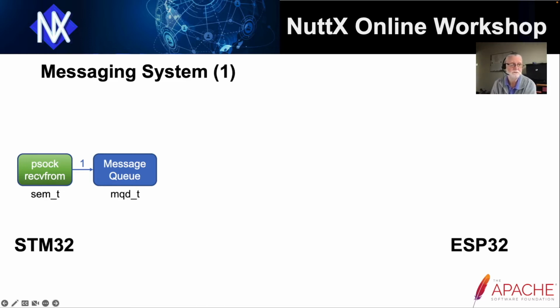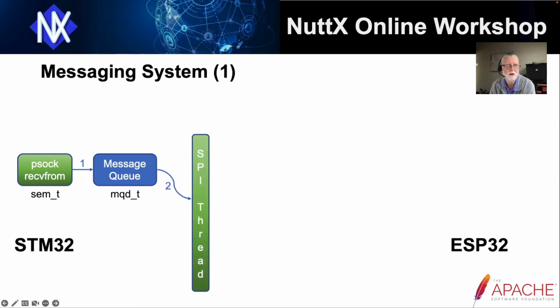So the next step, we need to get that over to the ESP32. Within NuttX, we have a thread that is running, and its sole responsibility is to monitor the message queue. And when a request comes through from the message queue, the thread picks this up and it then starts working out how to send that to the ESP32.